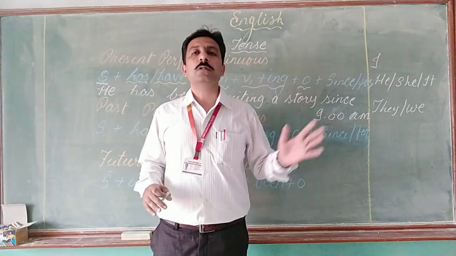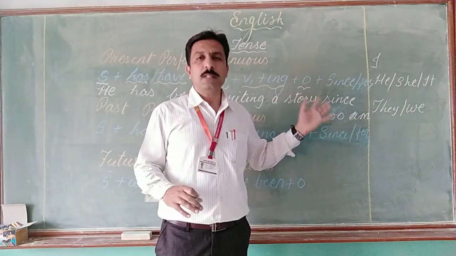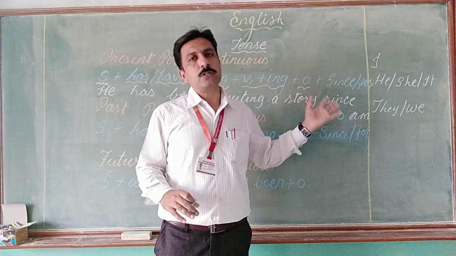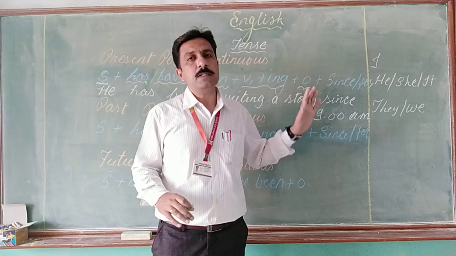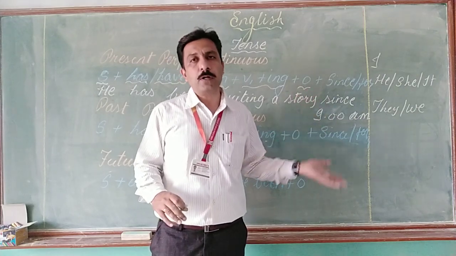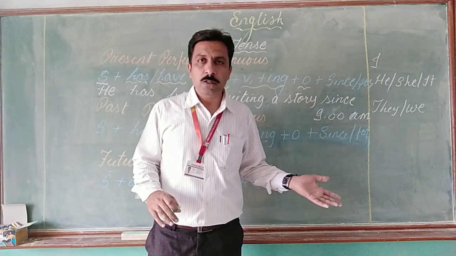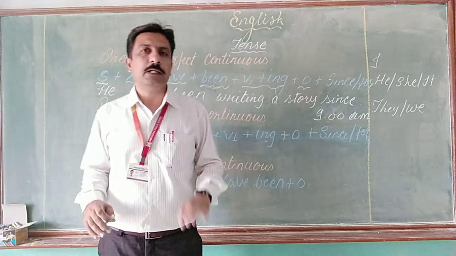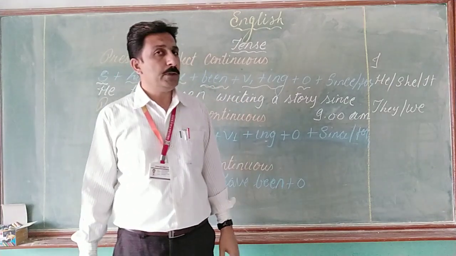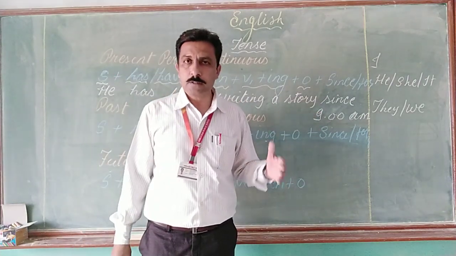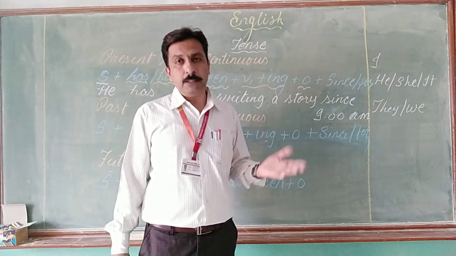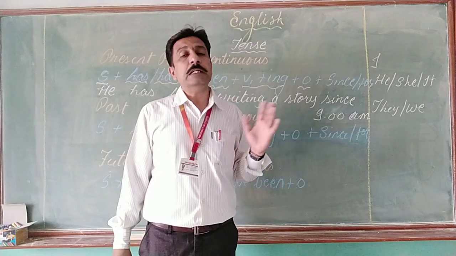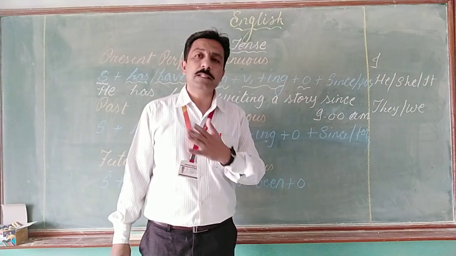Since 9 o'clock, since 9 a.m., since 1st of March, since 1987, since January, since morning, since evening, all these are points of time. Now for duration: for 2 hours, for 3 hours, for 3 days, for 3 months, for 3 years, these are the durations.